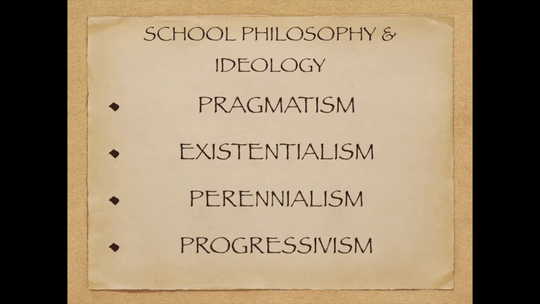So when I had to think about the different philosophies that I was going to cover, they kind of seem contradictory. However, based on the philosophy of the school, those were things that fit. So the philosophies that I did cover are pragmatism, existentialism, perennialism, and the theory of progressivism.